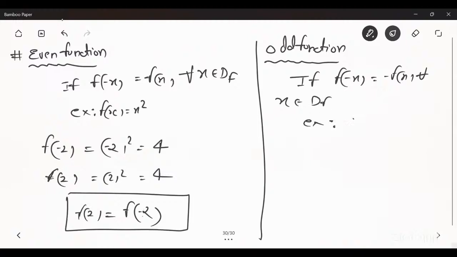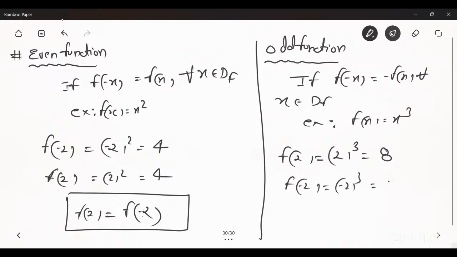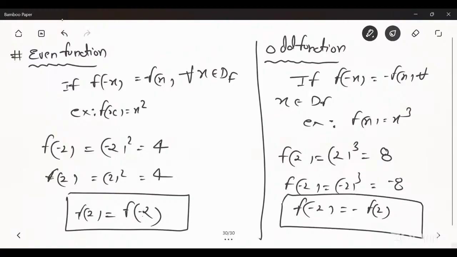Example, f(x) is equal to x cube. Now if you put 2 as an input, you will get 8 as the answer. If you put -2, you will get -8 as the answer. So f(-2) is minus of f(2). So that was your odd function.